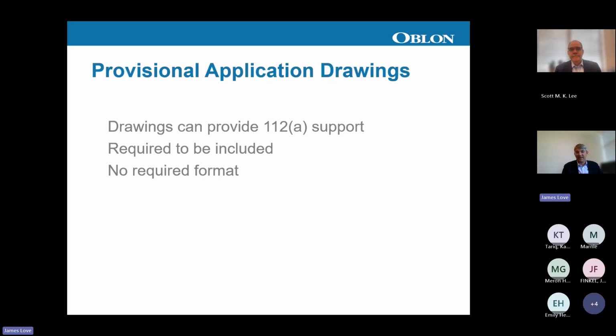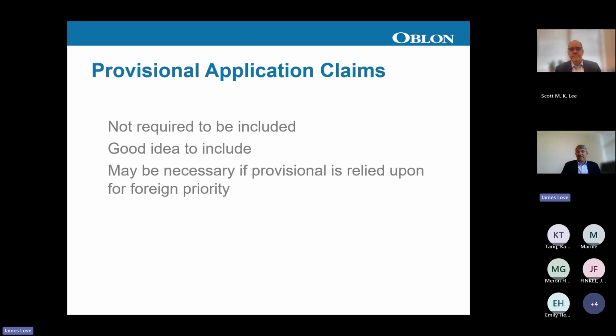Okay, so I mentioned claims before. If you're not familiar, a normal application would have something called the specification, which is the write-up portion. It would have the drawings, which correspond to the write-up portion, and then you'd have claims. The claims are actually what we like to think of as the metes and bounds of your invention. This is how you define what your coverage of your invention is: the claims.